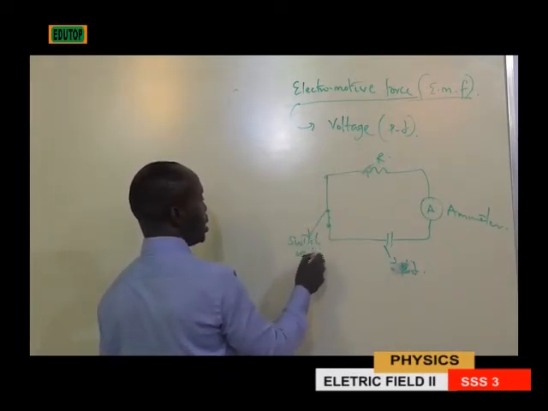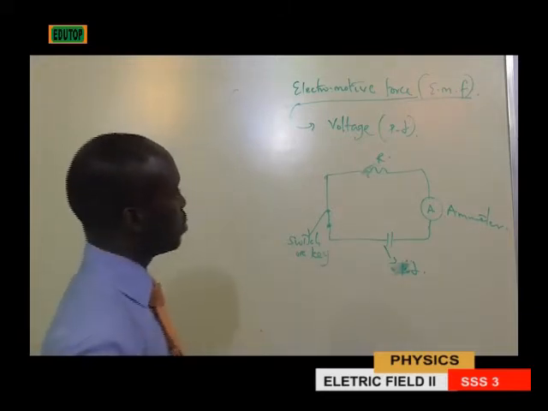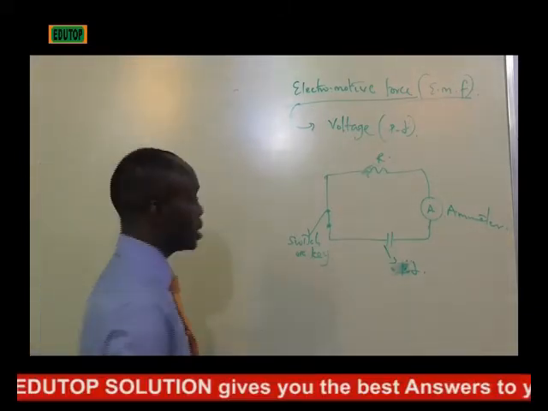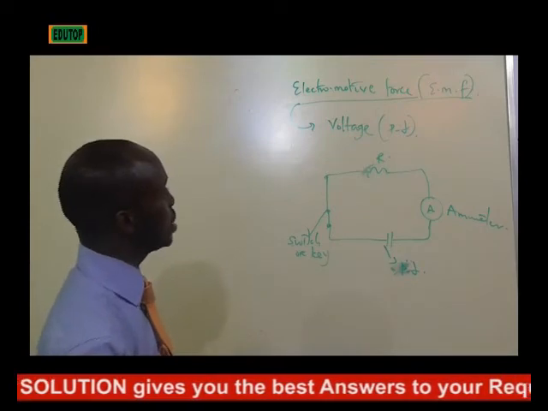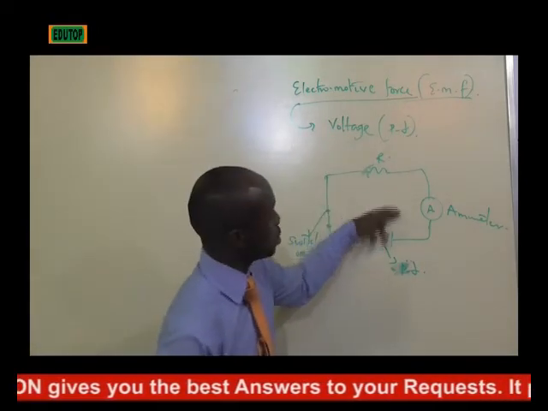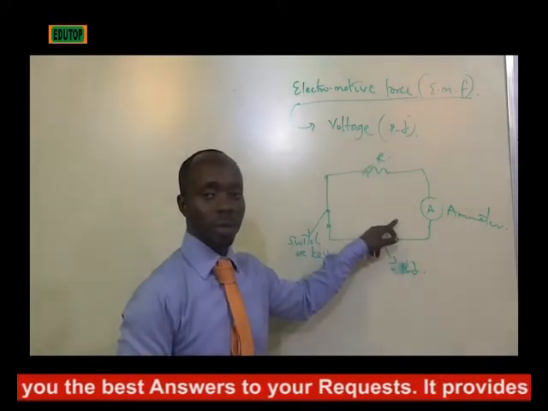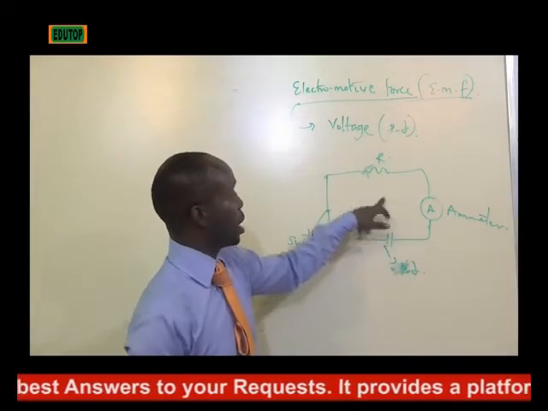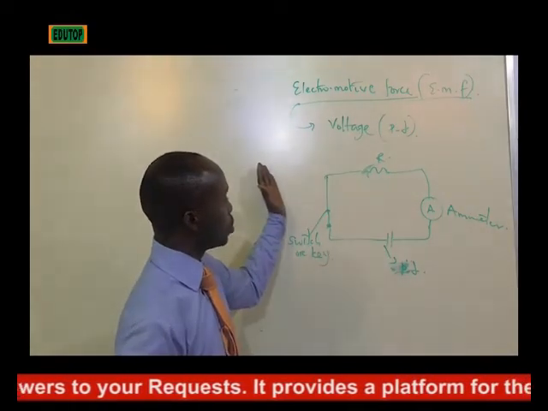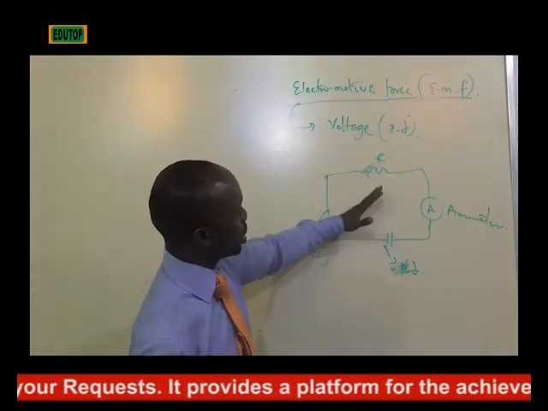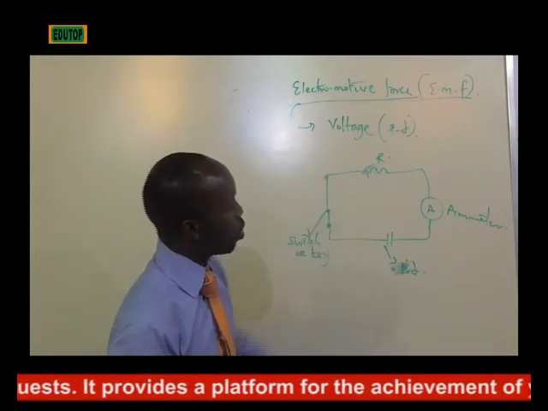Now, if you look at the circuit very well, for you to relate that definition with this circuit, it means that it is the magnitude of potential difference at the outward of this circuit and the total of potential difference at the internal structure of this circuit.